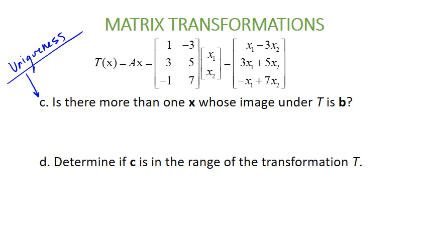So is x unique or not? Sometimes there is more than one x. However, in this case, there is not. The result from the previous problem indicated that there was only one unique solution. So there is exactly one x whose image is B.